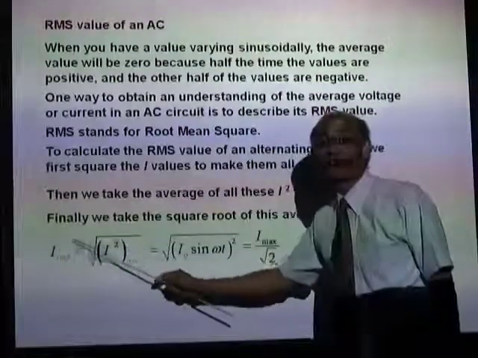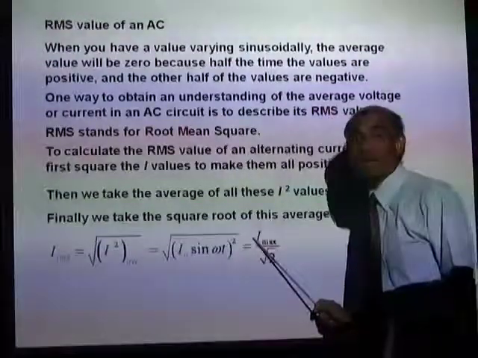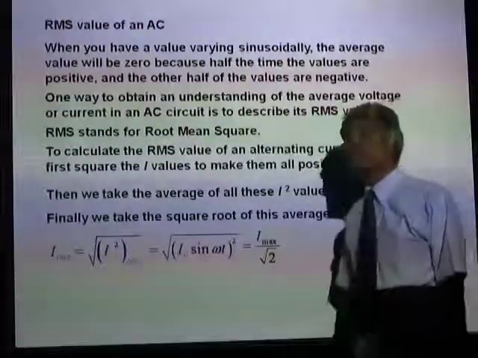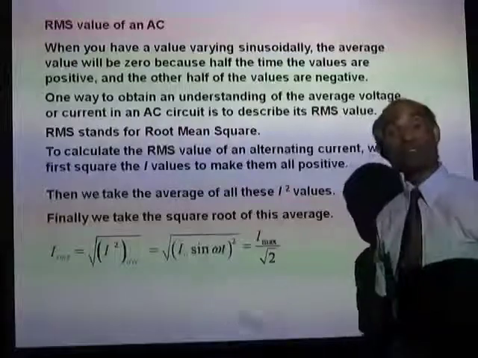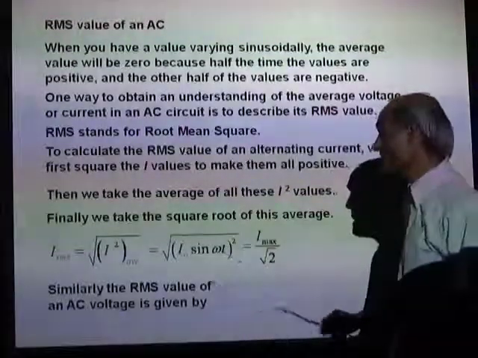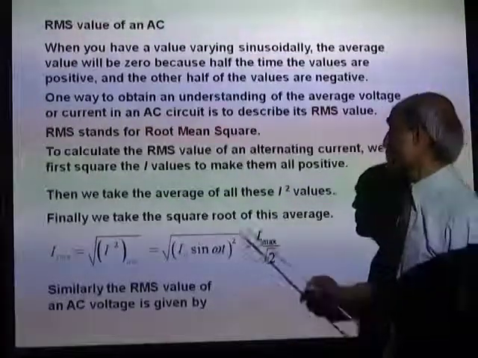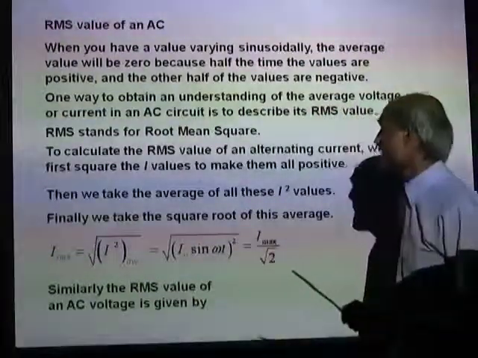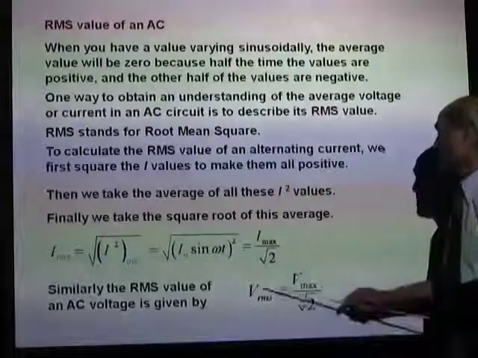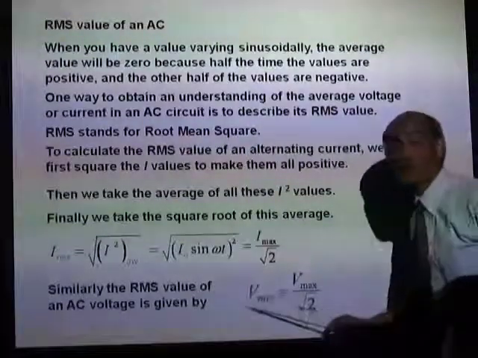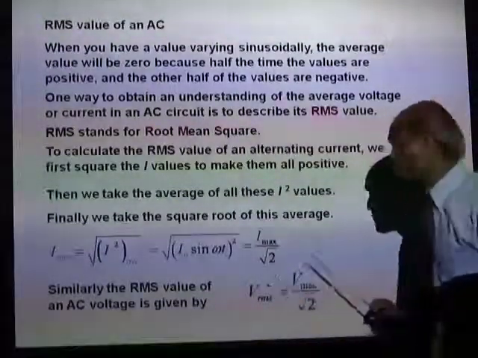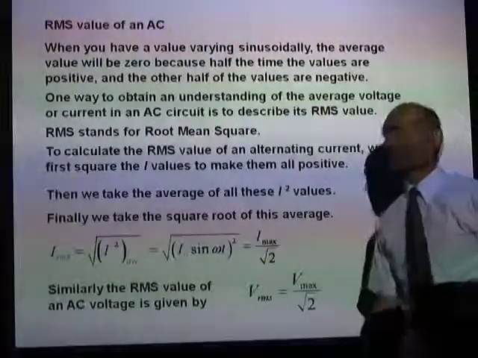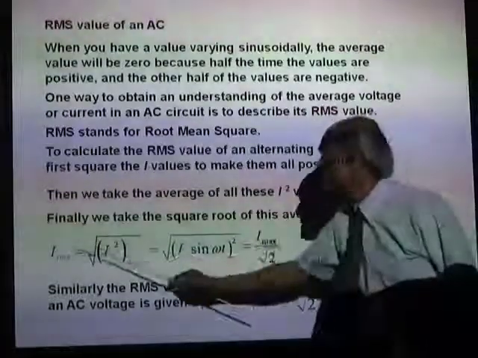The RMS value of the current is related to the maximum current as I RMS equal to I max divided by square root 2. In the same way, the EMF is also related as E RMS equal to E max divided by square root 2, so V RMS, or the RMS value of the voltage, is V max, the maximum value of the voltage, divided by square root of 2. We will use these very often.